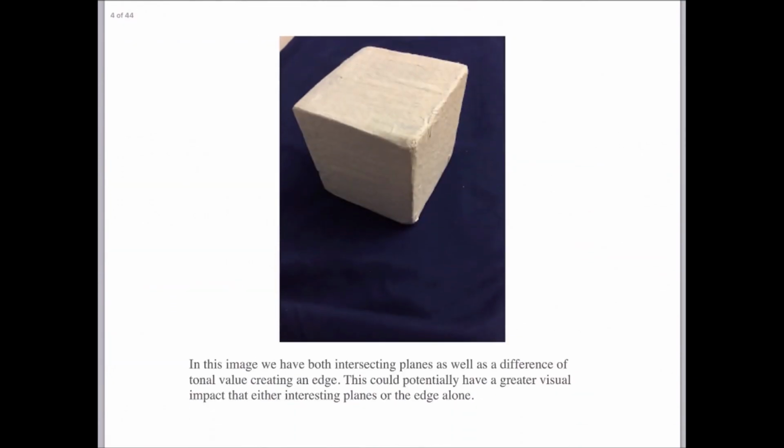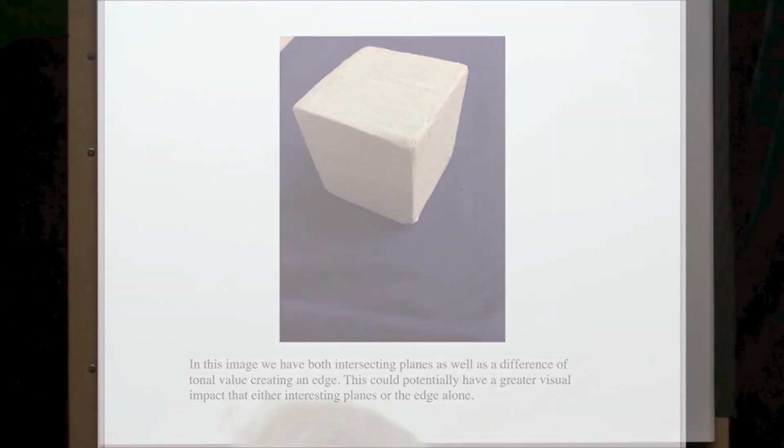Now, this image has both. It has intersecting planes, and it also has tonal contrast. So when we have intersecting planes and tonal contrast, we have 2 types of lines.